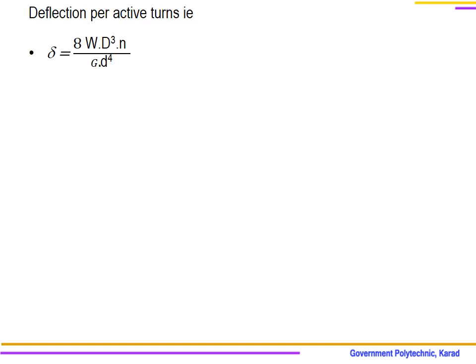Now we will be finding deflection per active turn. So delta upon n is given by 8W d cube upon G d raised to 4. W considering the effect of curvature, we will be putting here.